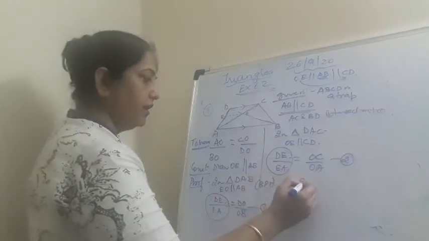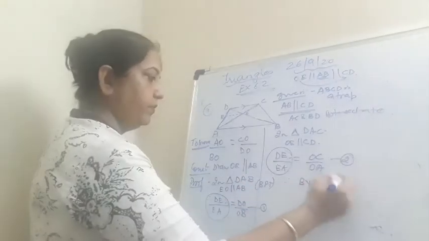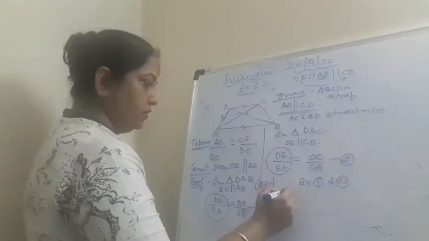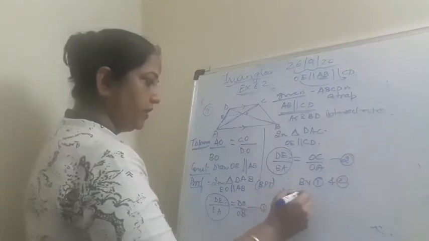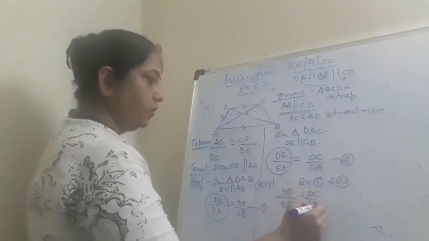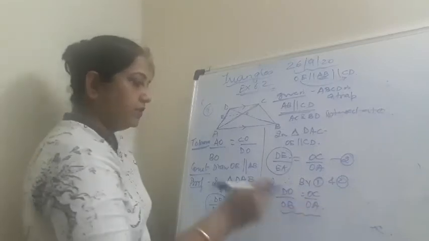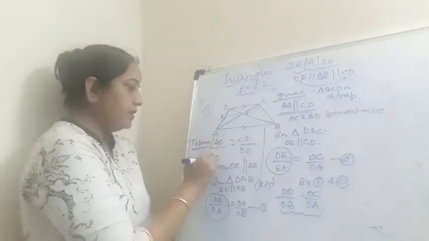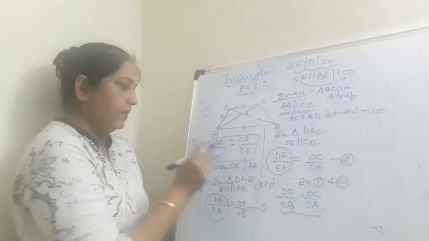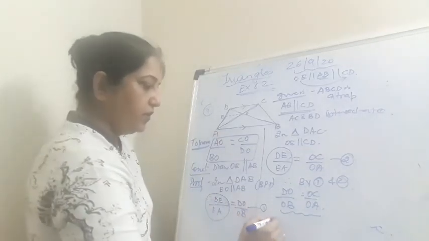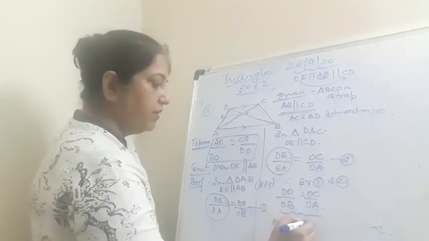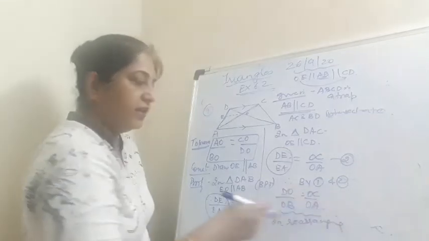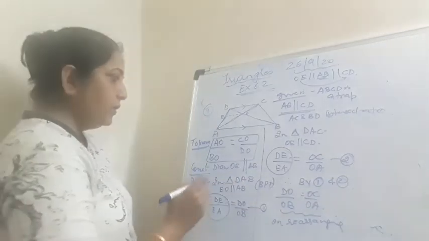Therefore, by 1 and 2, I will get DO upon OB is equal to OC upon OA. But we don't have to prove this. We have to write in this form, means this ratio we have to write. So we can write on rearranging.